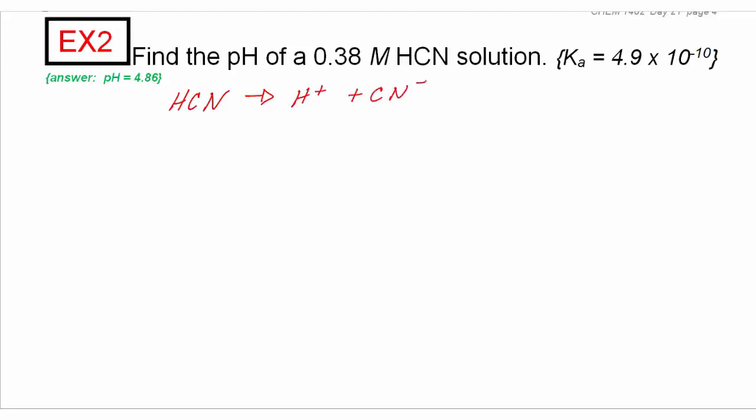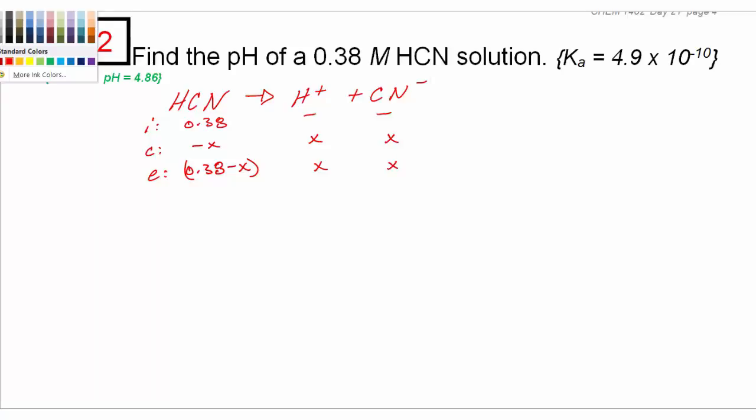So there's my Ka reaction. Make an ICE table. I have 0.38 and nothing else present. Minus x, x and x, 0.38 minus x for an equilibrium concentration for hydrogen cyanide, and x's for hydrogen ion and cyanide.